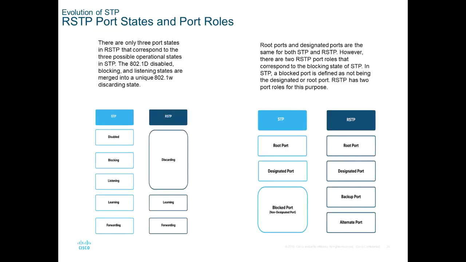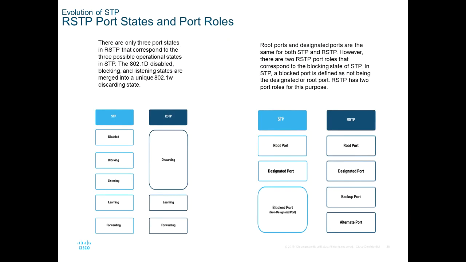I'm just going to discard everything and just go to learning and then forwarding. You go, well, that would save 15 seconds. So it's going to be up faster by default timings if you compare to spanning tree.